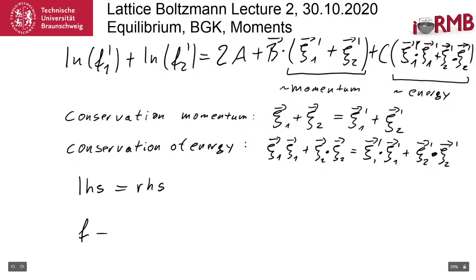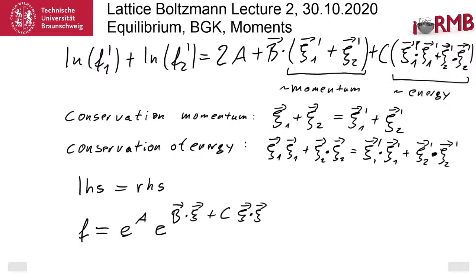So we'll eliminate the logarithm, and we would write this as e by the power of a, which is just a funny way of writing a constant. B, no, this is not a nice zeta. Plus c zeta times zeta.